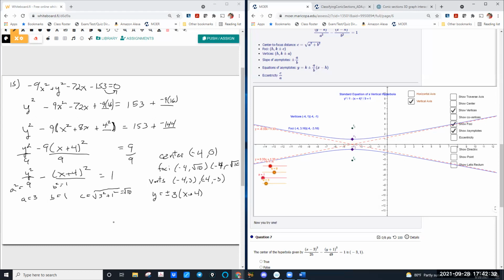What else do we want to find? Let's find the latus rectum first, and then we'll do the eccentricity.